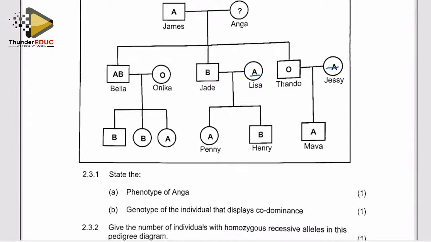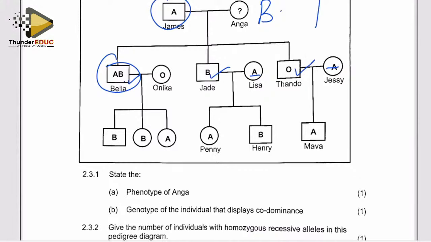So they're saying that the genotype of this, so if this is blood group A, they produce blood group AB. Definitely this is blood group B. You understand? So this person, since this is blood group B, they produce this.